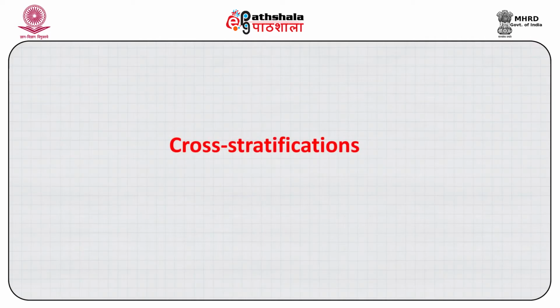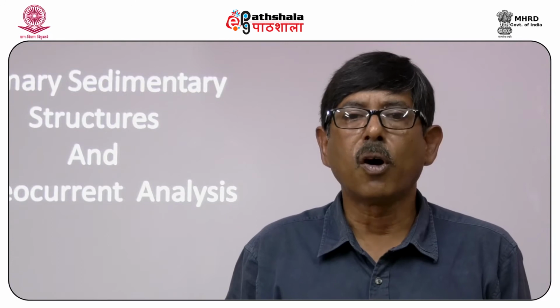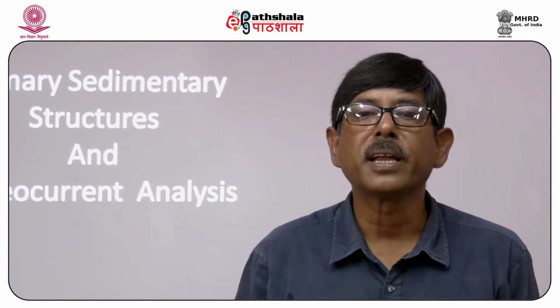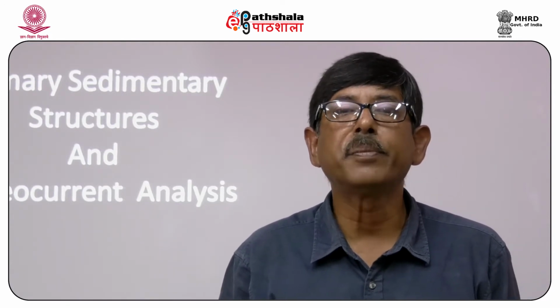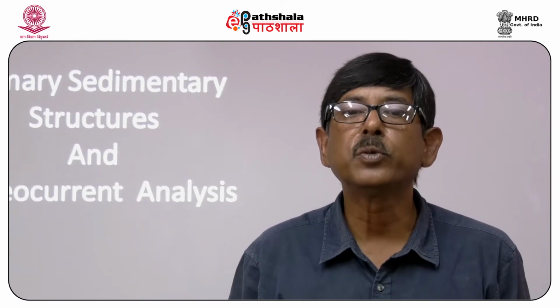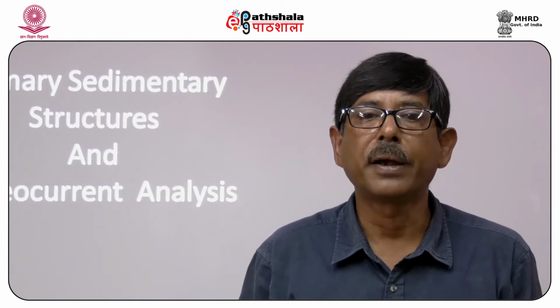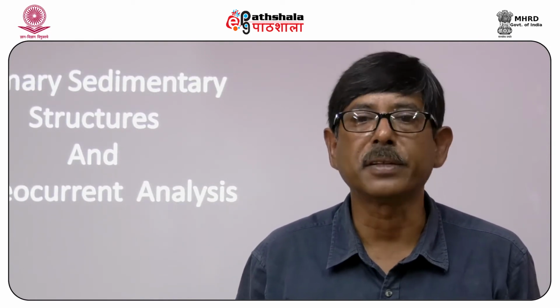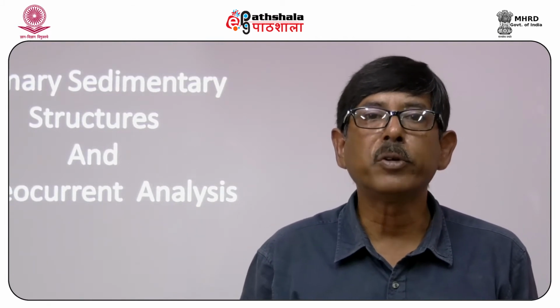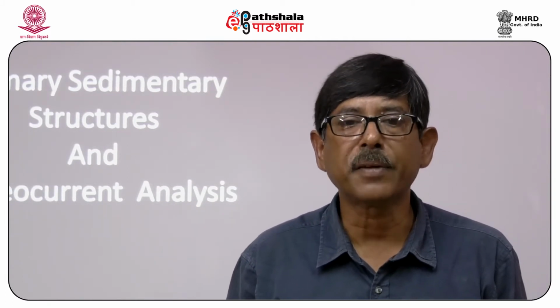So, now we should discuss cross stratification. All the stratification deposited at an angle to the main depositional surface due to primary process are known as cross stratification, normally bounded between bounding surfaces.